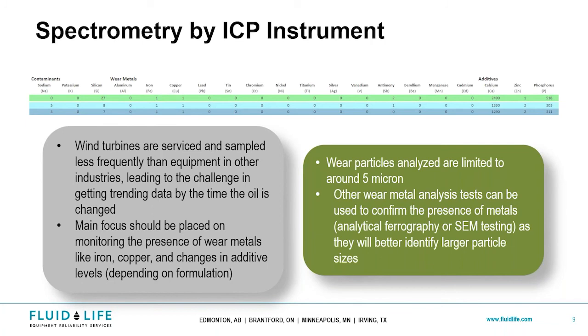So with this, understanding that other wear metal analysis tests can be used to confirm the presence of metals, those being things like analytical ferrography or SEM testing, scanning electron microscope, as you may have heard of it. They're going to be better at identifying larger particle sizes, right? So this is going to catch all the small stuff and the concentration of small stuff, but it may not tell you the nature of the wear.